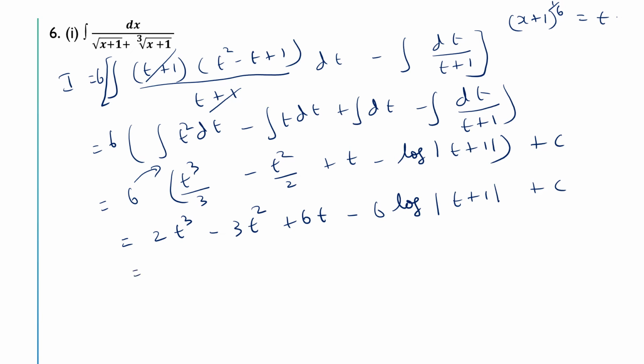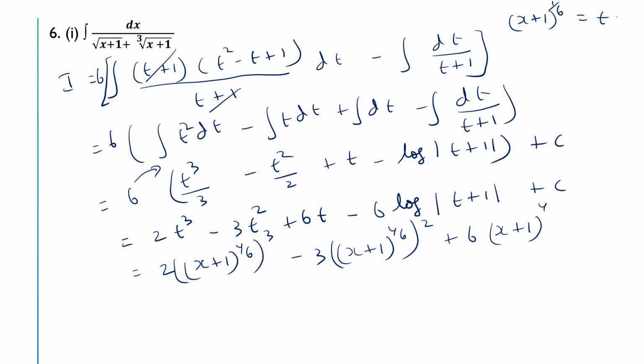So this is equal to 2 into x plus 1 the whole raised to 1 by 6 the whole cube minus 3 into x plus 1 the whole raised to 1 by 6 the whole square plus 6 into x plus 1 the whole raised to 1 by 6 minus 6 log mod x plus 1 the whole raised to 1 by 6 plus 1 plus c. So this we can simplify and we can get the final answer.